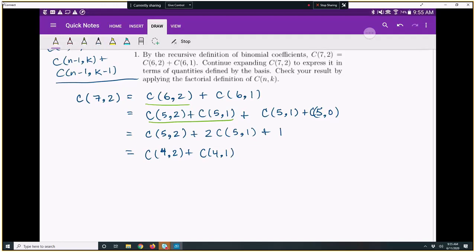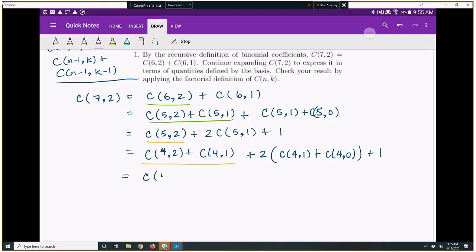So again, that's just this much I've replaced. Then plus 2 times, and I'm going to replace 5 choose 1 by 4 choose 1 plus 4 choose 0. And I still have plus 1.